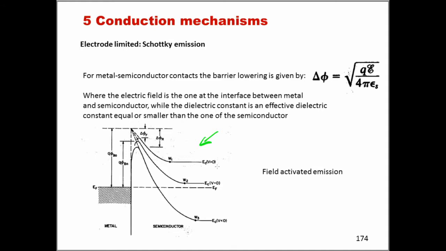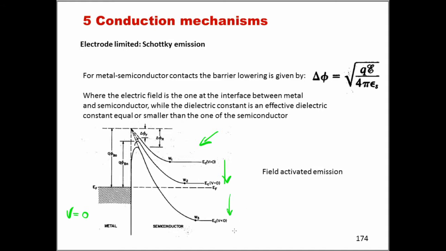In this case, we are assuming that the metal is at potential equal to 0, and we are applying an increasingly positive bias to the semiconductor.